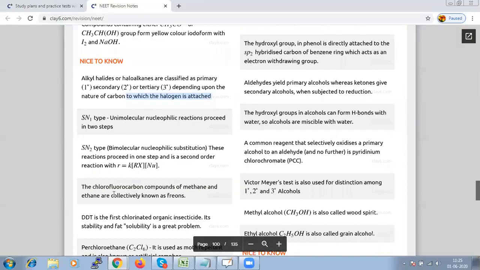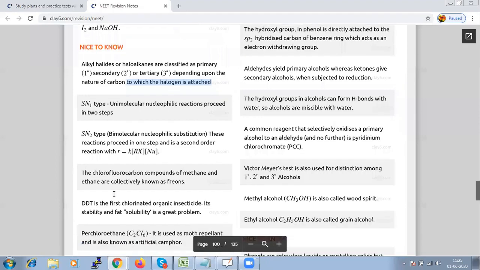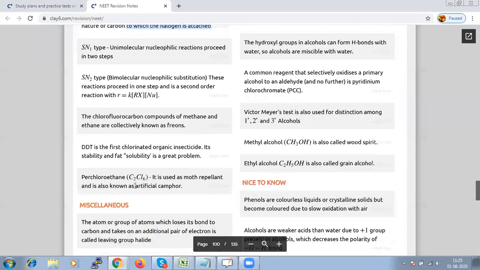And the chlorofluorocarbons, the compounds of methane and ethane, are called freons. And DDT is the first chlorinated organic insecticide, and its stability and fat solubility is basically a problem.